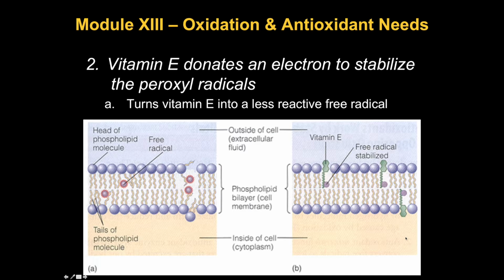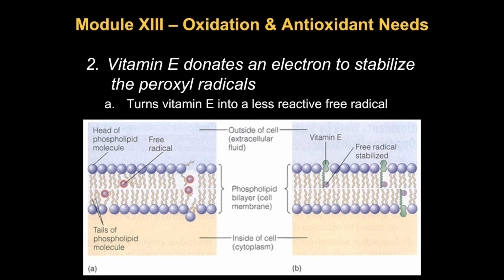So how do we protect the phospholipid bilayer? Well, thankfully, we have vitamin E that does come in and actually donates its electrons to stabilize the damaged unsaturated fatty acids. So by donating the electrons, vitamin E now stabilizes that highly reactive free radical so it doesn't cause further damage.